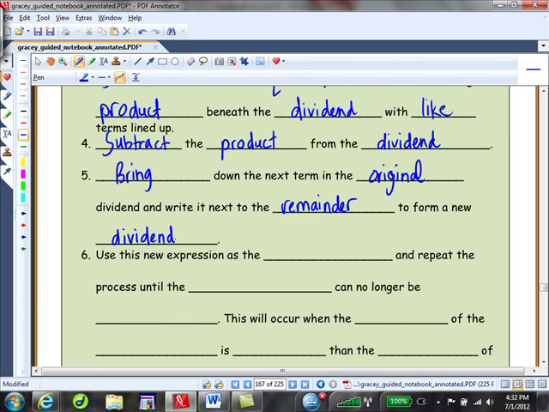Use this new expression as the dividend and then repeat the process until the remainder can no longer be divided. This will occur when the degree of the remainder is less than the degree of the divisor.